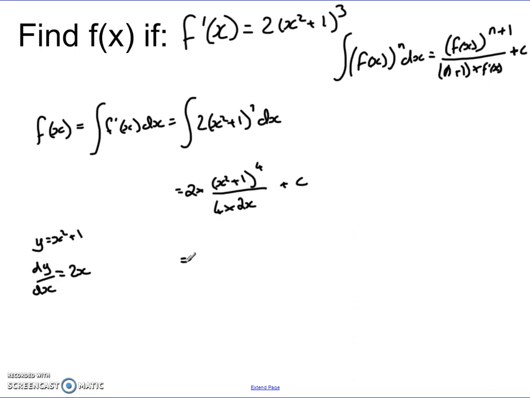Now we simplify this as we did before. So 4 times 2x on the bottom gives me 8x, but I've got a 2 on the top, so that cancels out, and I get x squared plus 1 to the power of 4 over 4x plus a constant c. So it's a slightly more complex integration because there's a slightly more complex function, but actually overall it's the same general-ish steps.